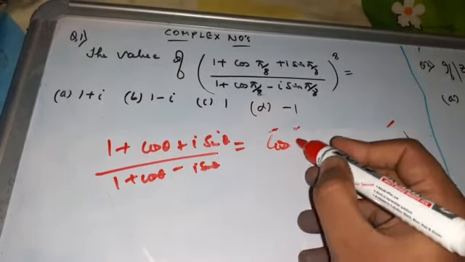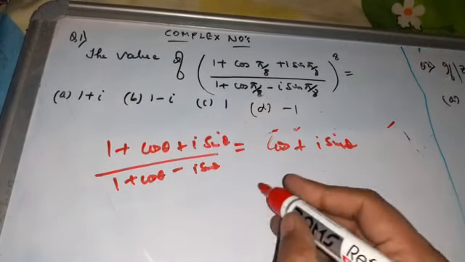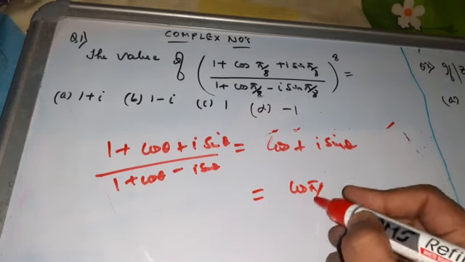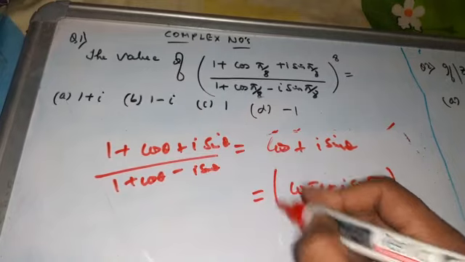So we can write it as cos θ + i sin θ, where here θ is π/8: cos π/8 + i sin π/8, and the power given is 8.